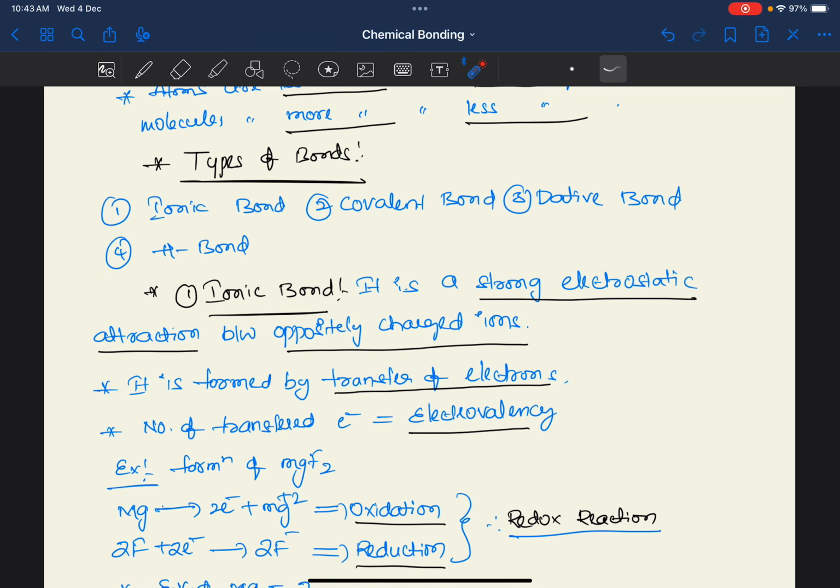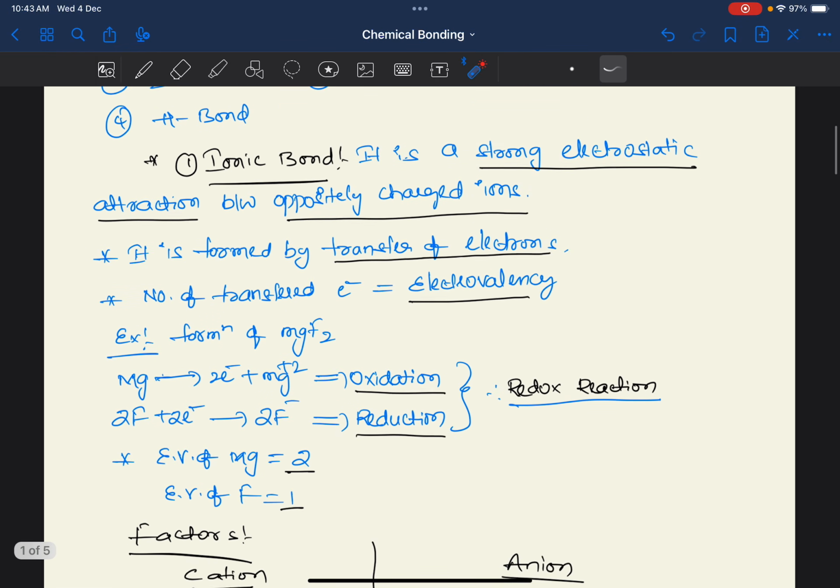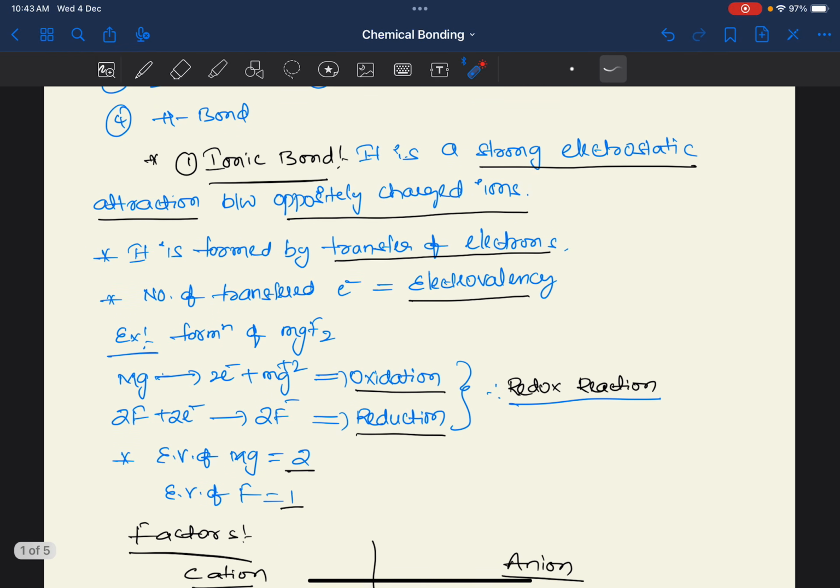Now see the example, the formation of magnesium fluoride. How is magnesium fluoride formed? First, magnesium loses its two valence electrons.